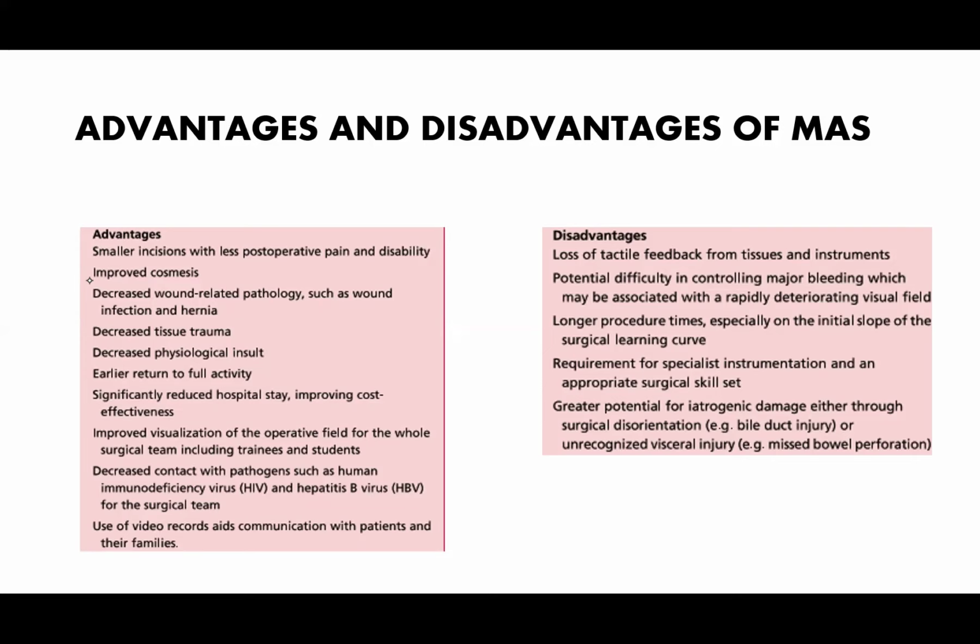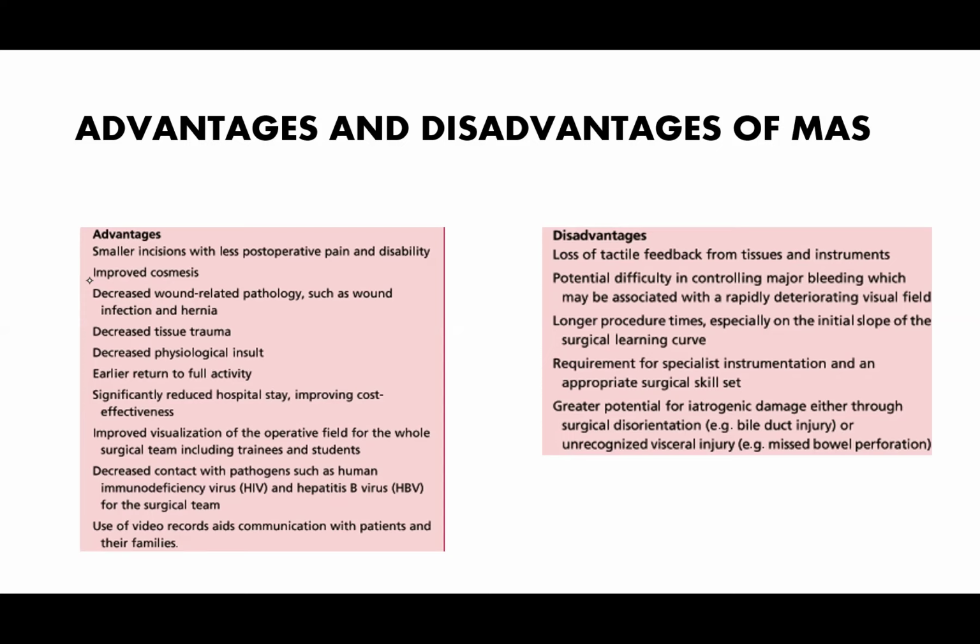Now, the disadvantages of minimal access surgery will include loss of tactile feedback from tissue and instrument, because as you handle the tissue with instruments, not your fingers, there is loss of tactile feedback.